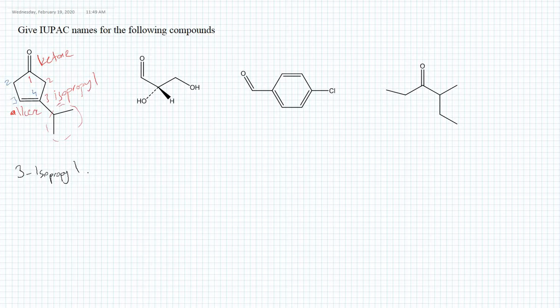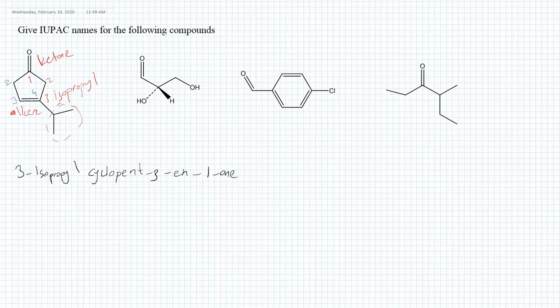Then we have to say that the location of the double bond is 3 in, then the location of the ketone is number 1 on. So basically we follow the new IUPAC guidelines to name this molecule.